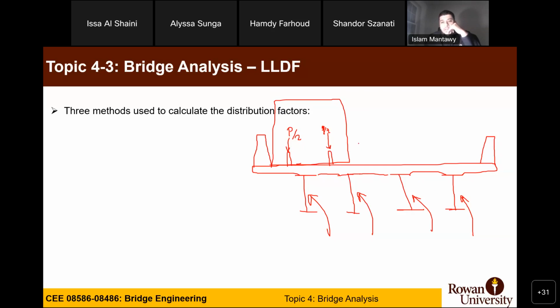And if you add another truck side by side, they're going to be two lanes loaded, correct? So the other scenario will be how much of the weight of those 2 trucks will go as factors to this girder, this girder, this girder, and this girder. And this is what's called live load distribution factor, LLDF.